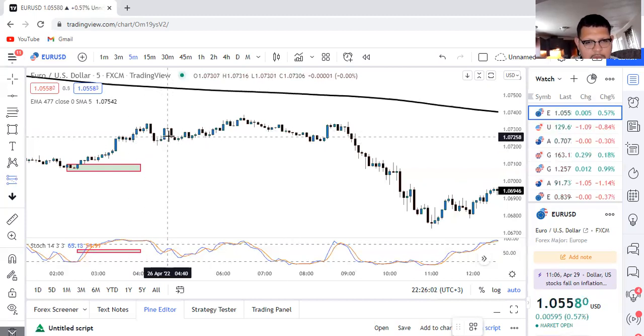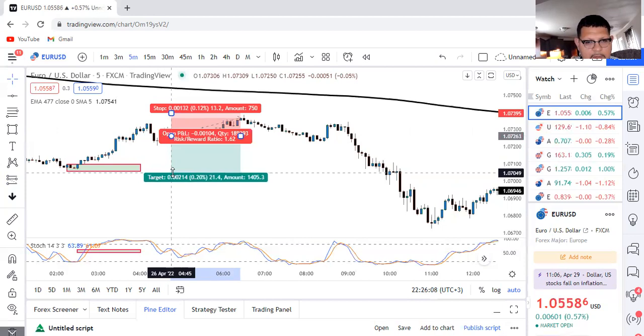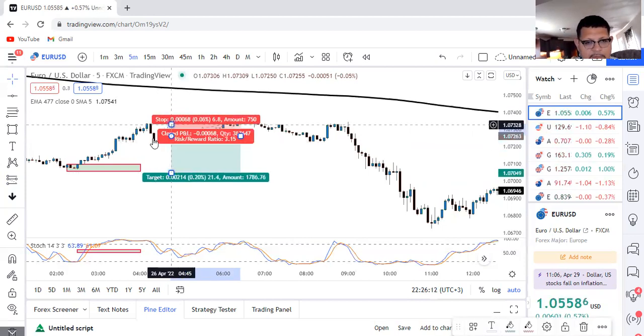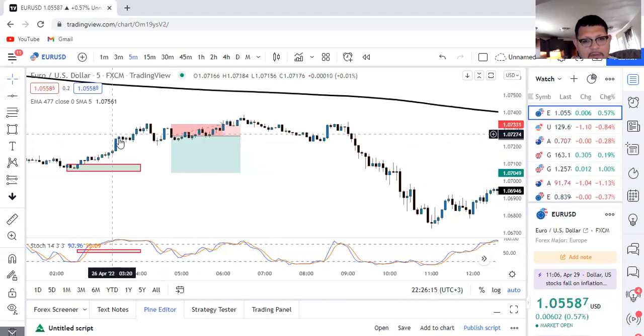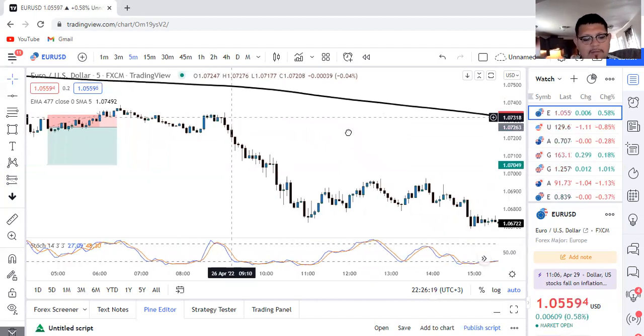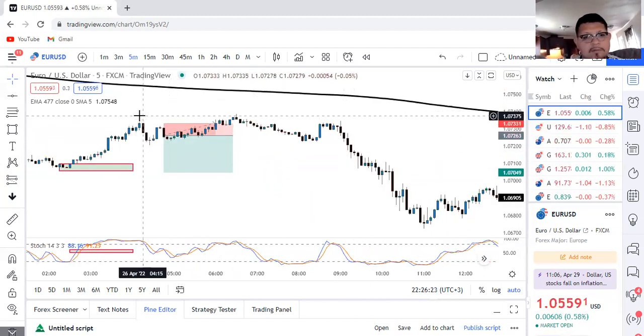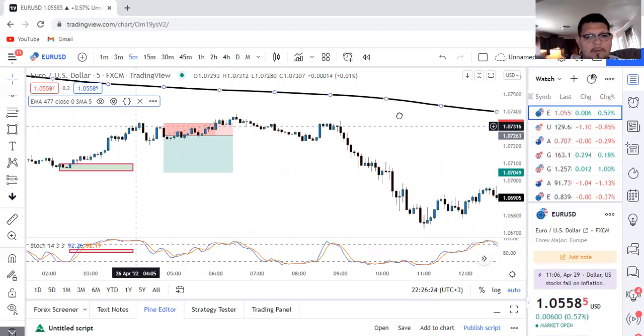Where's it across the 20? Okay, we can take this trade right here. Right, 21 pip take profit, 6 pip stop. Eventually, yep, you did get stopped out here, but the trade still went in your favor, right? So, but okay, once the stop loss was hit, right?